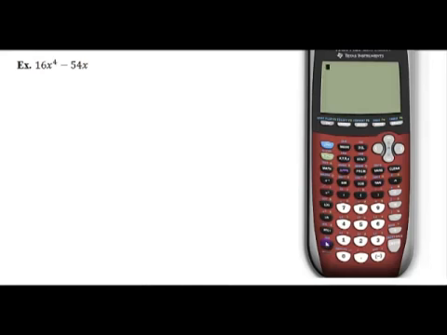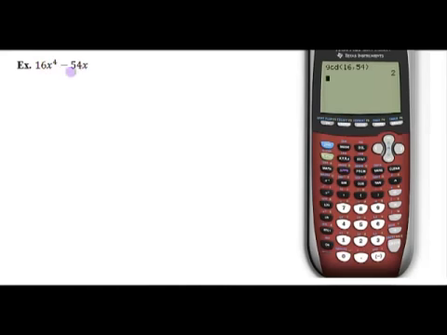In fact, if you'd like to use your calculator and find the greatest common factor of 16 and 54, you can do that. You go under Math, go over to Number, and scroll down until you get to GCD. So GCD, and then we put 16, comma, 54, close the parenthesis, and it's 2.